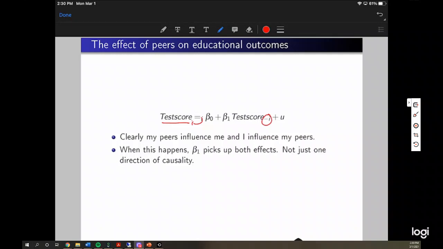So the question here is, is the effect going this way or is the effect going this way? What if I'm kind of the leader in the group? I'm the smartest in the group, and so maybe I'm more of an influence on my peers than they are on me. When this happens, beta 1 picks up both effects, not just one direction of causality, so you're going to get this sort of combined effect estimate.